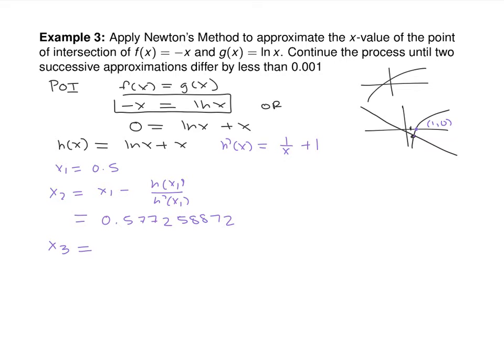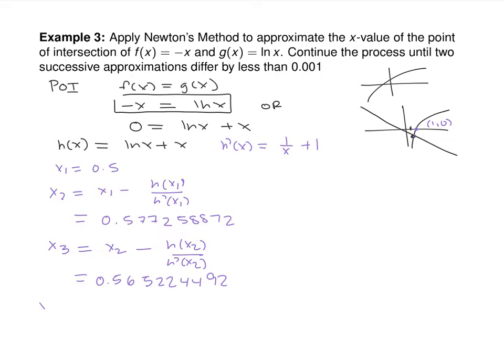For x3, that's x2 minus h of x2 over h prime of x2, and I got 0.565224492. I can't plug in quick enough. It's okay. It's all right.